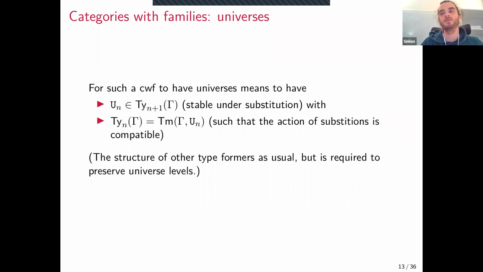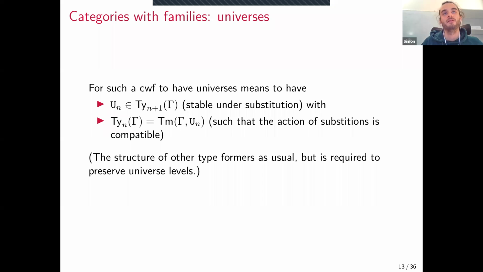Then there's also a notion of universes. This connects to why I have this sequence of presheaves. For such a CWF, to have universes means to have, first of all, types U_n, the nth universe, which is a type of level n plus 1. These gadgets should be stable under substitution.